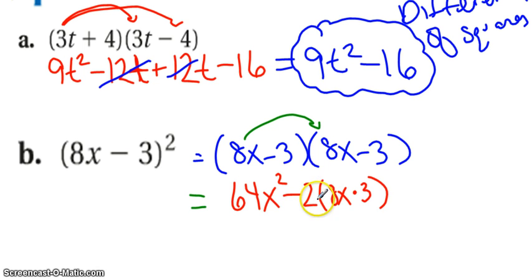A perfect square trinomial will always be 2 times the product of 8x and 3, these two. That's why we half and square, because when we half it, it's canceling out that 2 there. And then plus 9. So it's always the first one squared. 8x squared gives you the first term, and then 3 squared gives you the last term, and then the middle is 2 times those two multiplied.